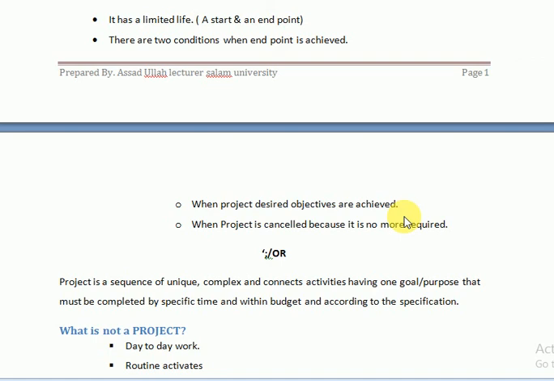What are the differences between these two? Operations are ongoing and repetitive. In a project, the work will be limited, but in operations, all the operating activities are repetitive and ongoing.